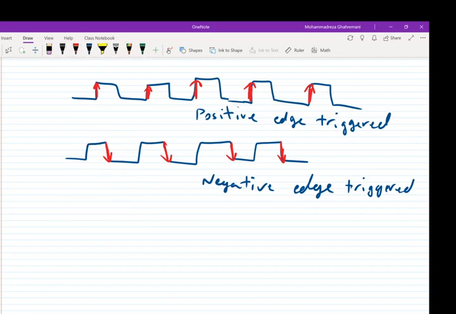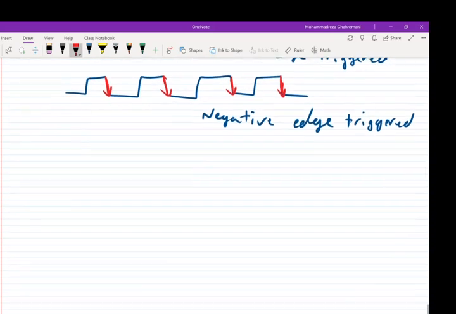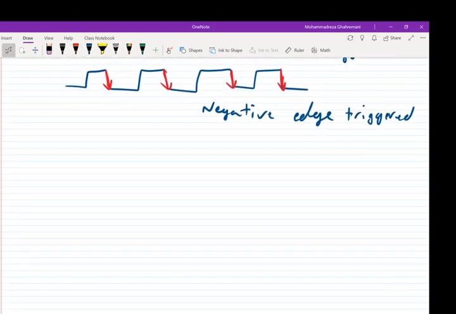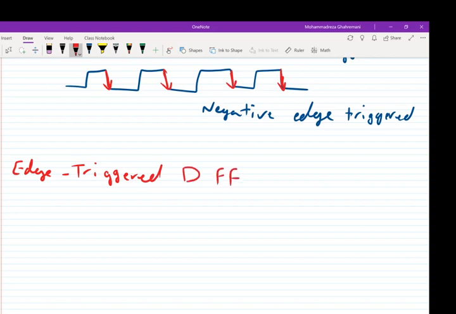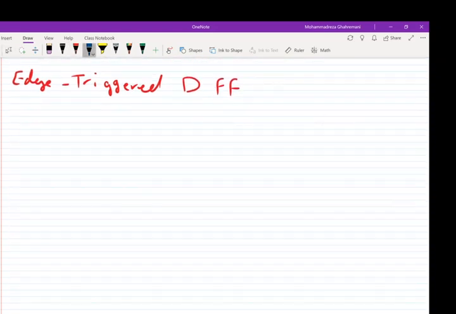Okay, so the first flip-flop that we will learn today is the edge triggered D flip-flop. And this one is the circuit for this flip-flop.